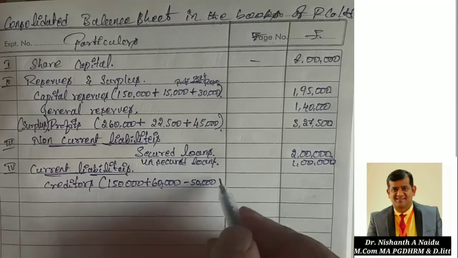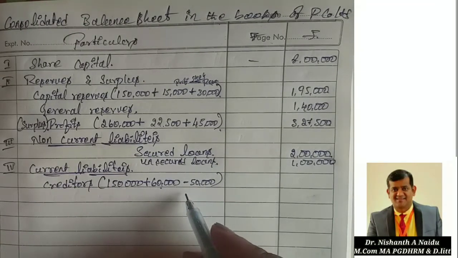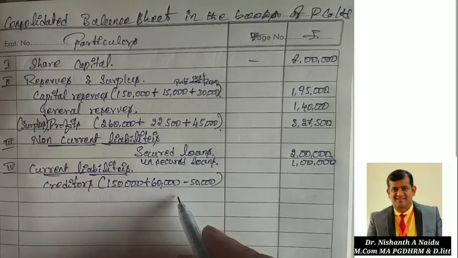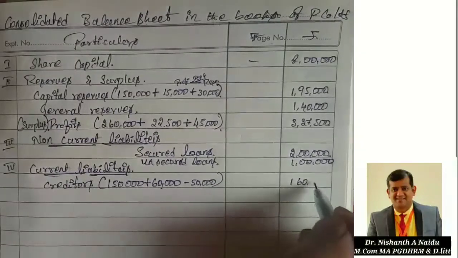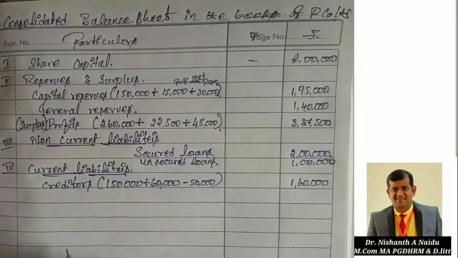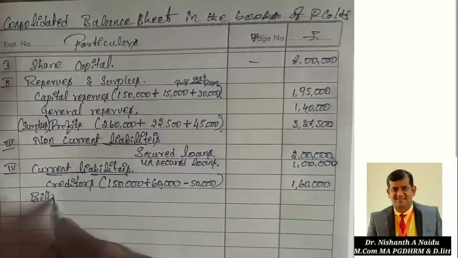So that I am deducting. Adding and deducting, 2,10,000 minus 50,000 comes to 1,60,000 rupees creditors.